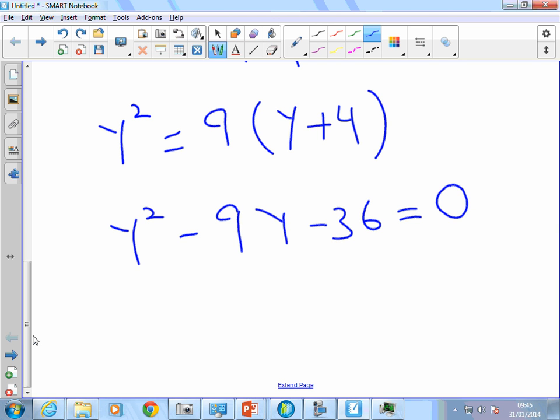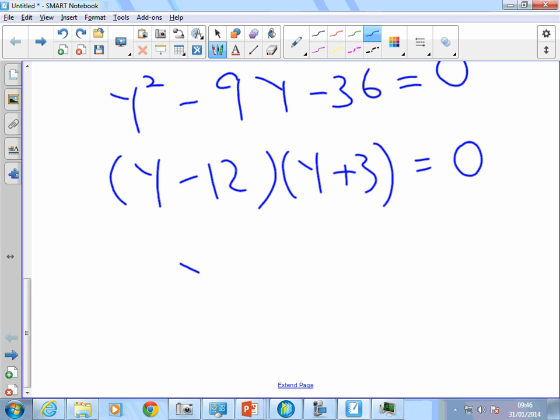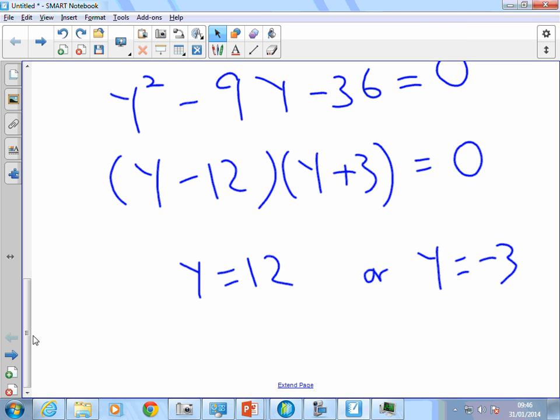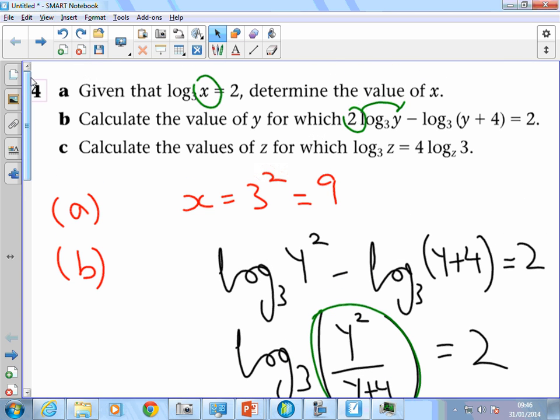And here we have a very straightforward quadratic to factorize. y minus 12, y plus 3 equals 0. Therefore, y is equal to 12, or y is equal to minus 3. So that's part B done.